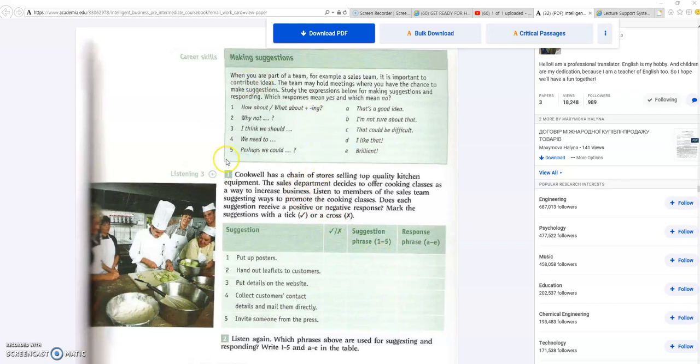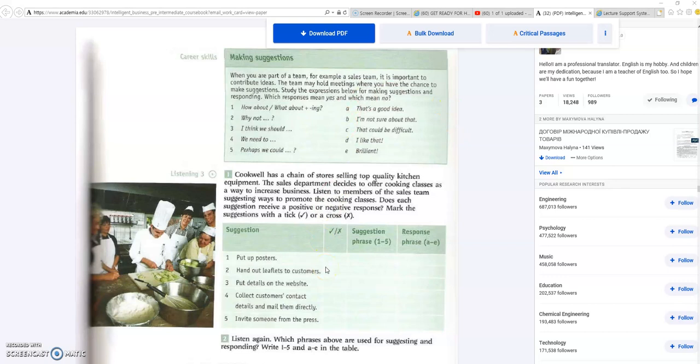So remember, over here on the left at the top, these are suggestions. On the right are responses. So let's see where the responses are positive. You can look at both columns up here.